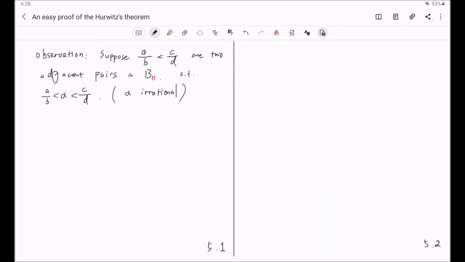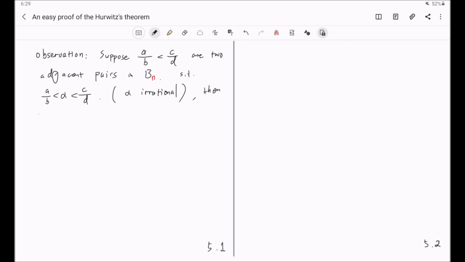To make my argument more precise, let me make the following observation. Suppose alpha is a positive irrational number squeezed between two adjacent pairs in the Broca series, a over b and c over d.